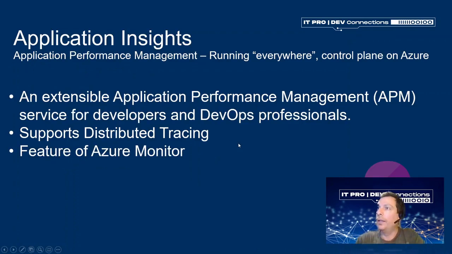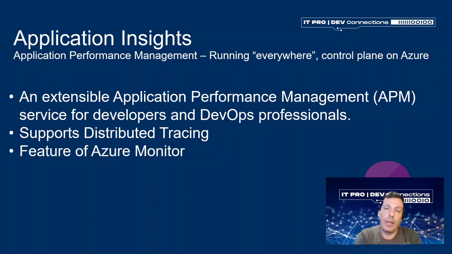All right, so for those of you that haven't heard about Application Insights, I hope that you have. However, it's an application performance management solution run on Azure. You can integrate Application Insights with pretty much all the popular frameworks and languages, like, of course, the Microsoft ecosystem, Java, Python, PHP.